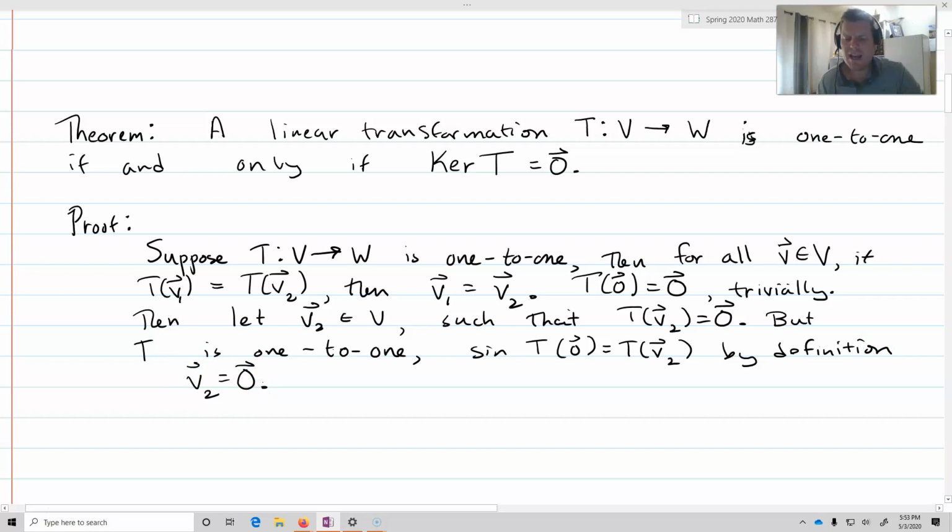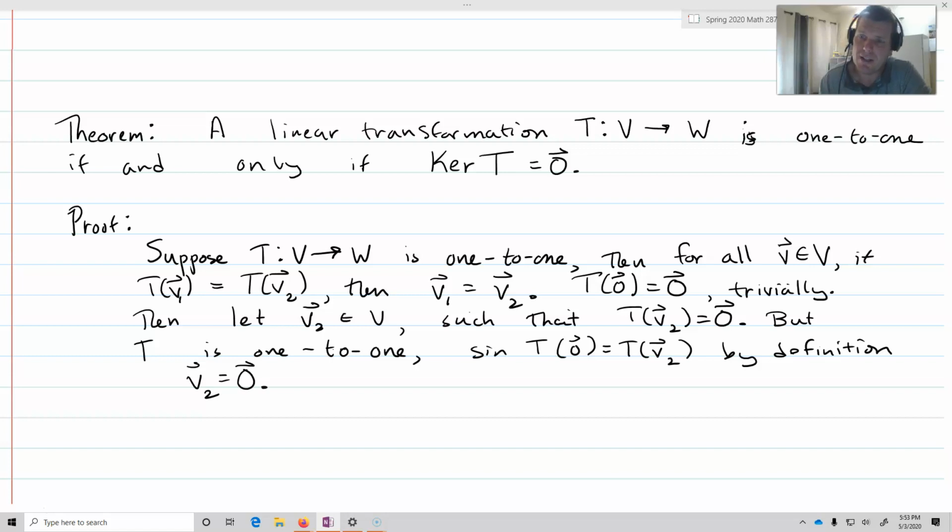So what we're saying here is this. We've got this definition of what it means to be one-to-one: for all v, if T of v1 equals T of v2, then v1 equals v2. If their outputs are the same, the inputs have to be the same. I know T of 0 equals 0. That's trivial, I don't have to prove it, because it's a transformation. Then I let another v in V be such that T of v equals the 0 vector.